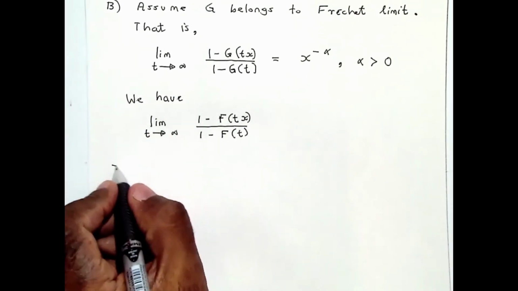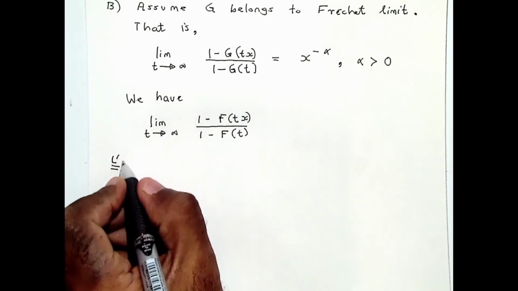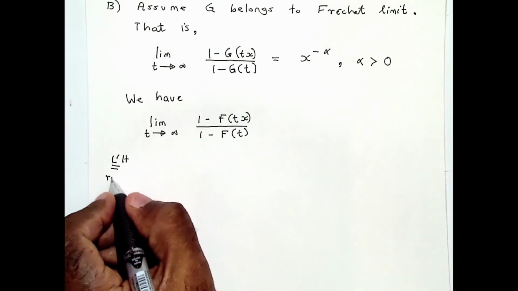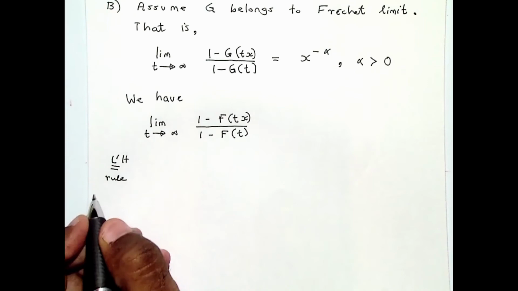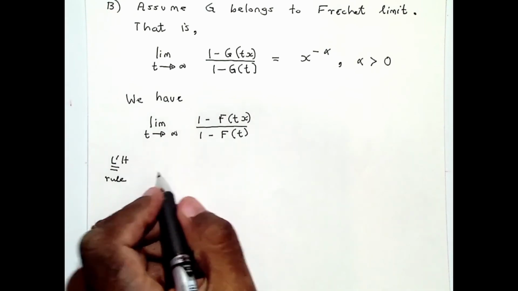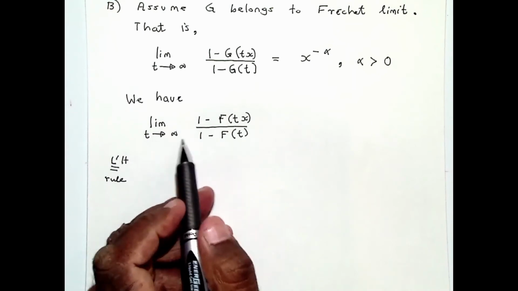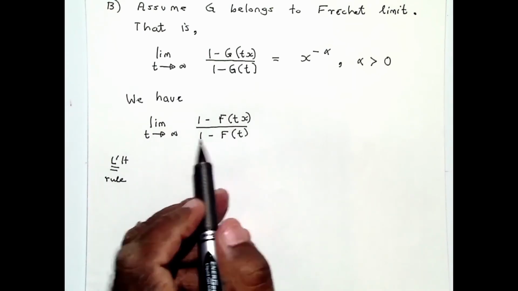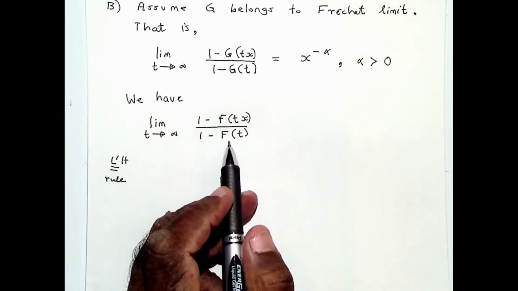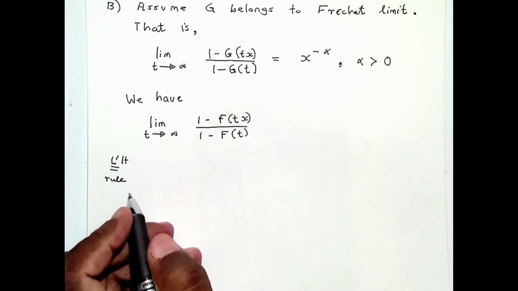All right, the first step, I'm going to use L'Hôpital's rule. You can use L'Hôpital's rule because when t goes to infinity, you have 1 minus 1 divided by 1 minus 1, which is 0 divided by 0.